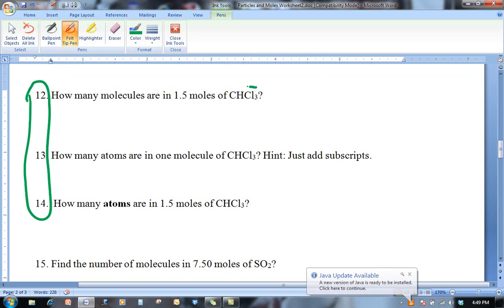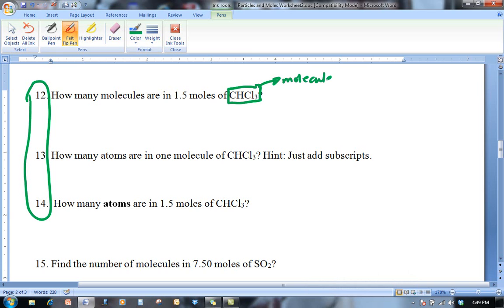When I look at the compound that we're talking about, I know that CHCl3 is a molecule because it has more than one atom in it. So in order to solve problem number 12, I'm going to start with what I'm given, 1.5 moles.